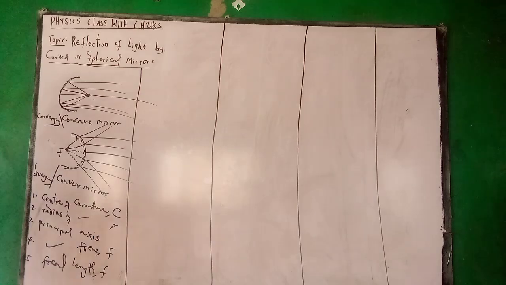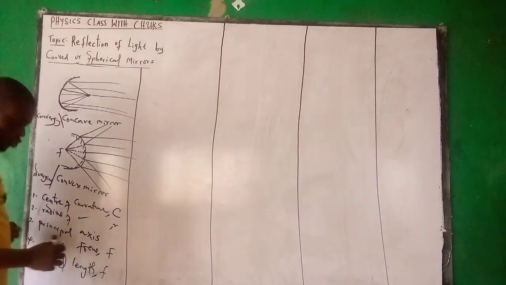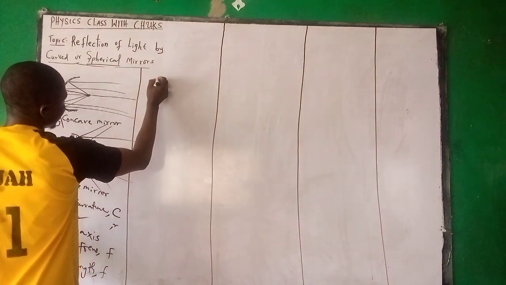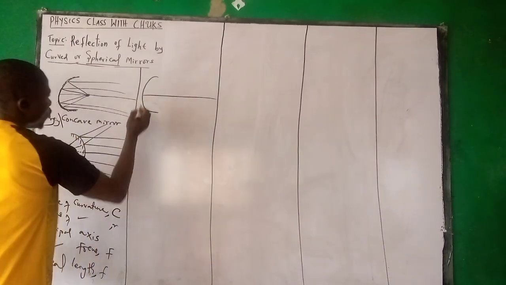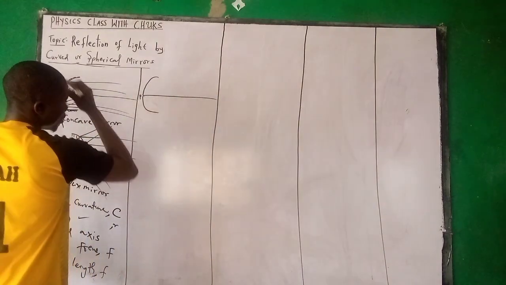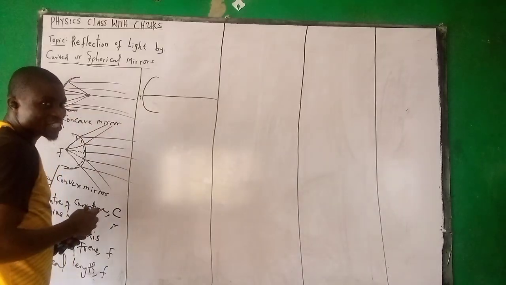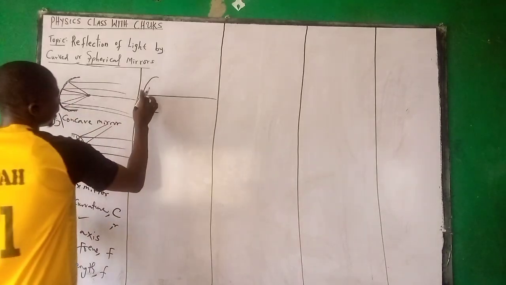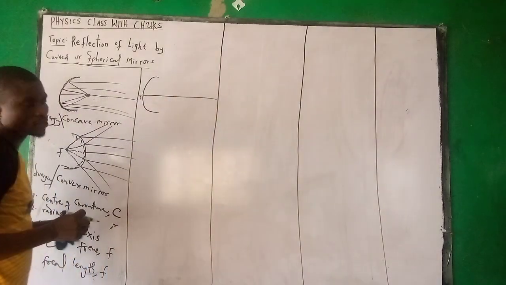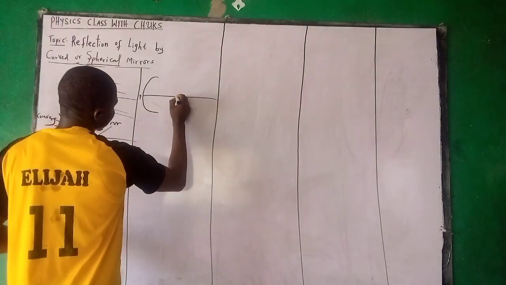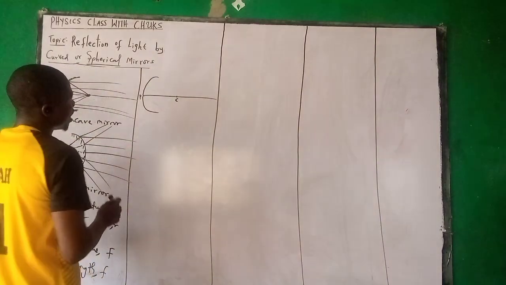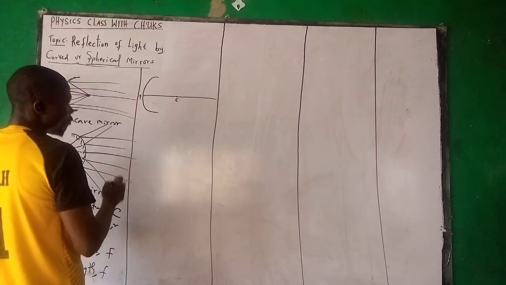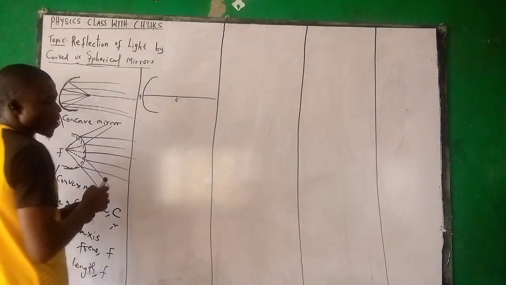If this is a curved mirror, we call this place the pole. That is the center of the reflecting part of a curved mirror. This straight line is what we call the principal axis. This mirror is just a part of a sphere.